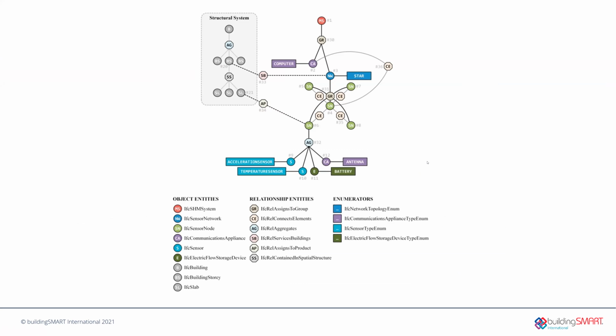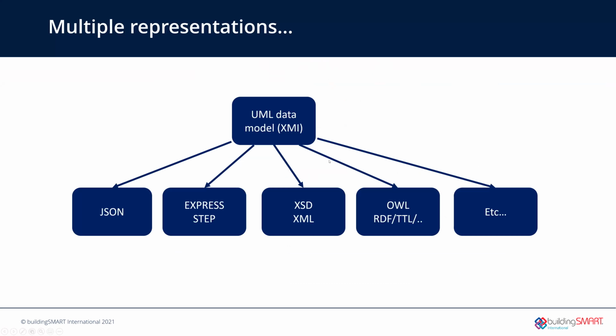So we haven't talked about representations yet, so maybe diving in on that in this next picture. The core way we define IFC, all of these classes, relations, and properties, these days is done in UML. So this is IFC 4.3.